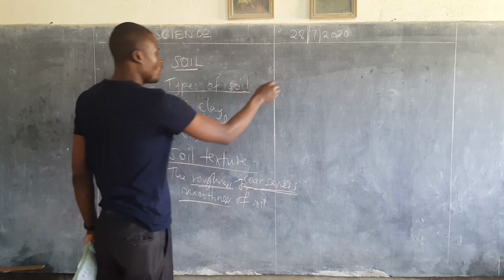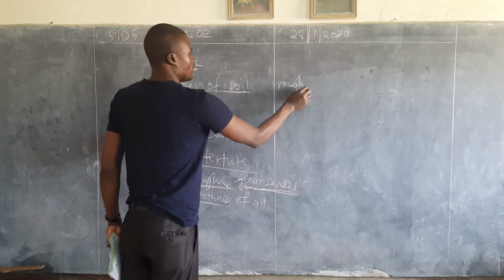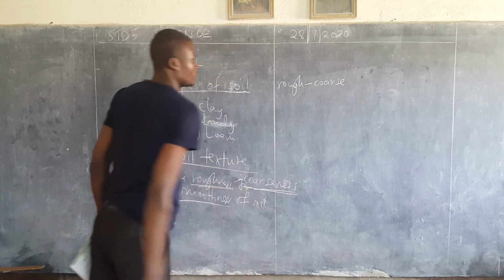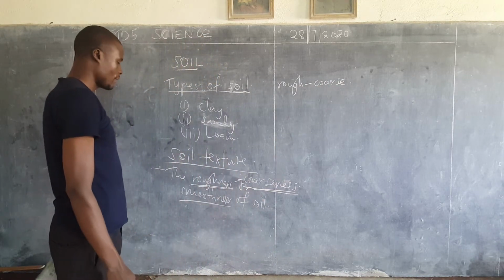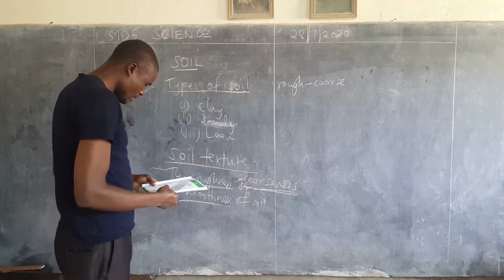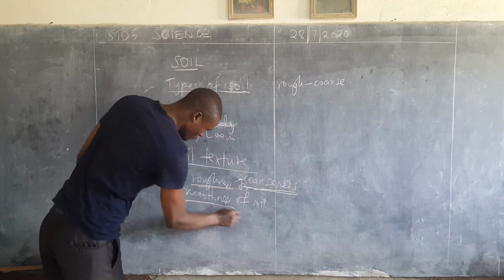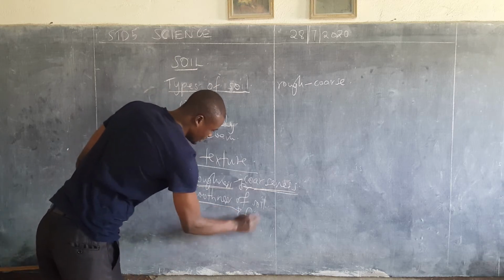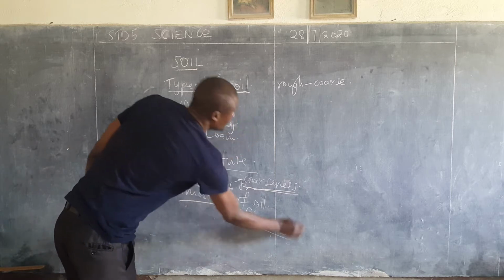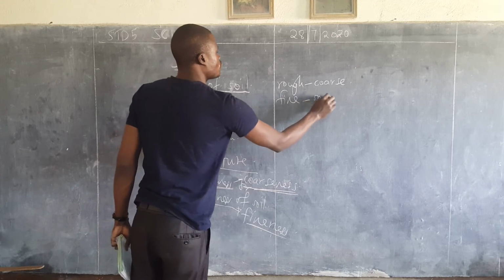What word means the same as rough? Same as coarse. Then smoothness. Smoothness is also known as fine, the fineness of soil. The word fine is the same as smooth.